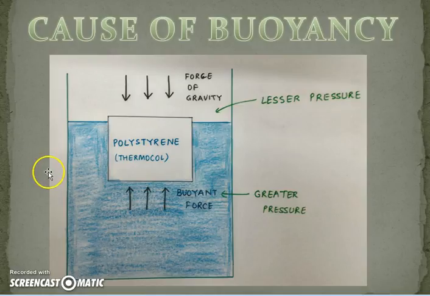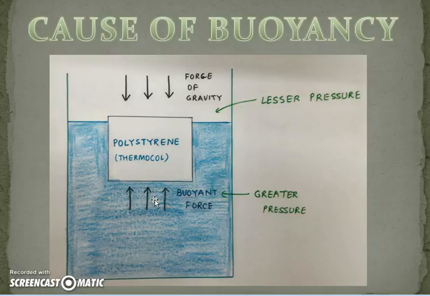Now in this picture here, you can see this piece of thermocol which is immersed in water. Now the piece of thermocol experiences two forces. One force on top of the thermocol, which is in the downward direction, that is the force of gravity. And the other force is the upward force, which is the buoyant force. And this force acts on the bottom of the thermocol.